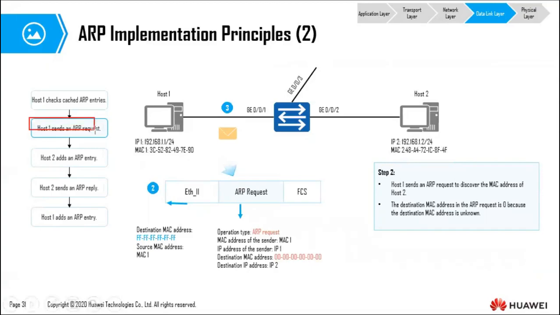So if we don't have it in our cache table, then we send an ARP request. Host 1 will send an ARP request to discover the MAC address of host 2. So the destination MAC address in the ARP request is 0, because the destination MAC address is unknown. Are we together?